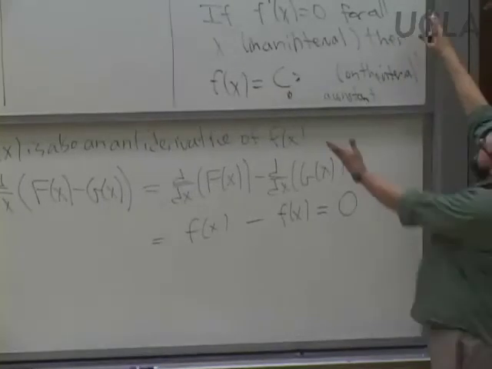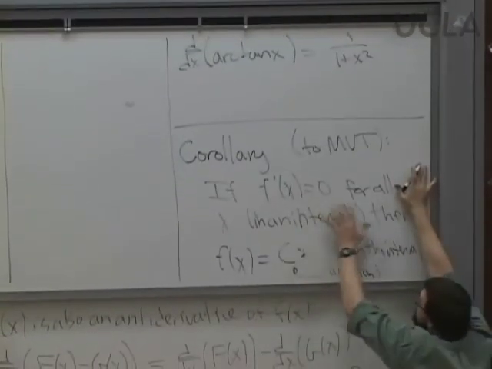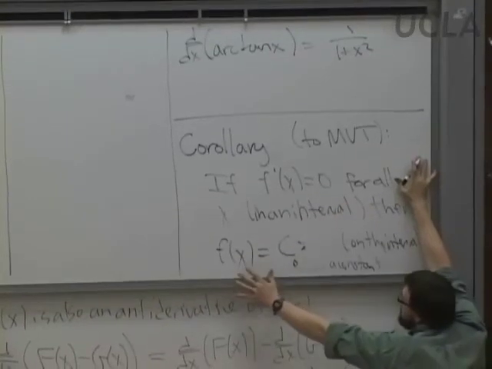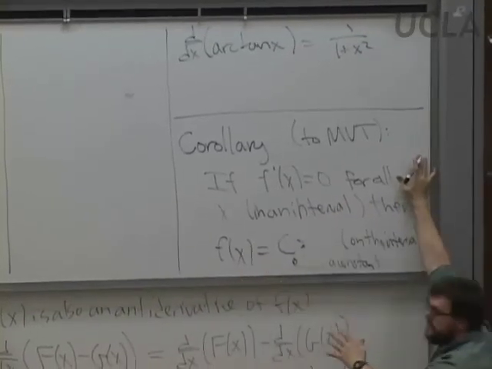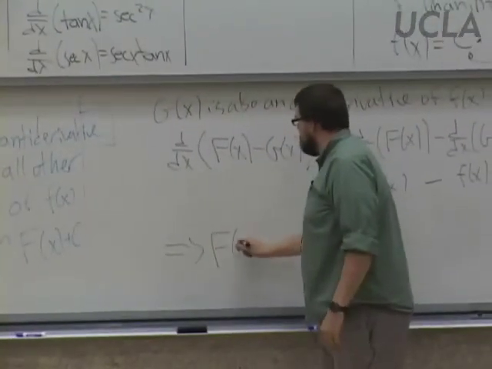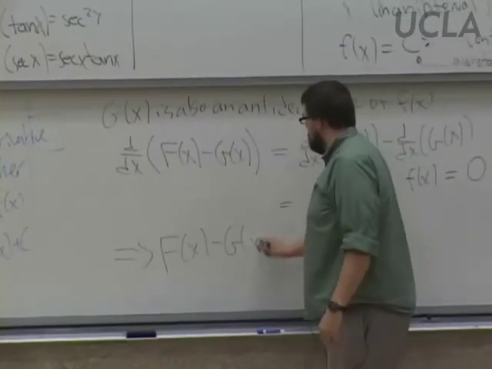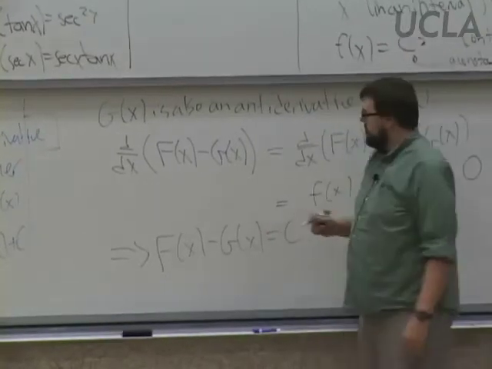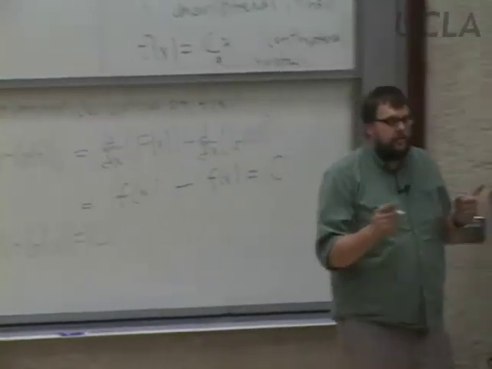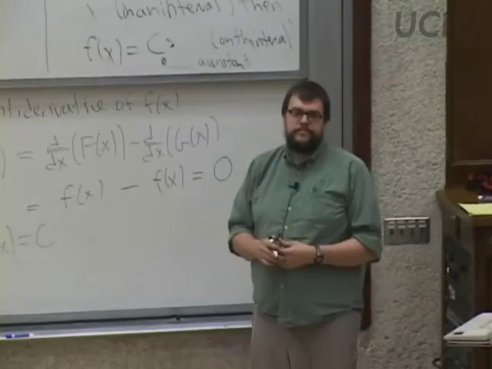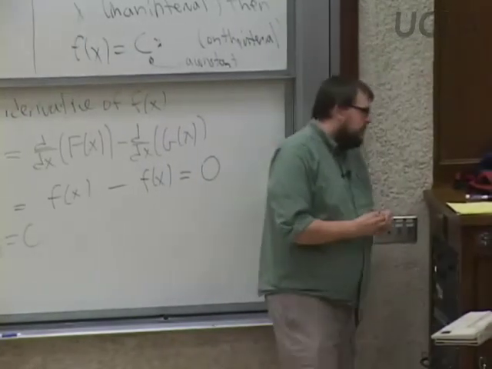Oh, hey, look, check it out. We have this great corollary here, which says if your derivative is 0, you're not very interesting. You're just a constant. So capital F of x minus g of x is really just a constant. In other words, two antiderivatives only differ by a constant. That's what that theorem is saying. Okay, all right, that's good. First result.